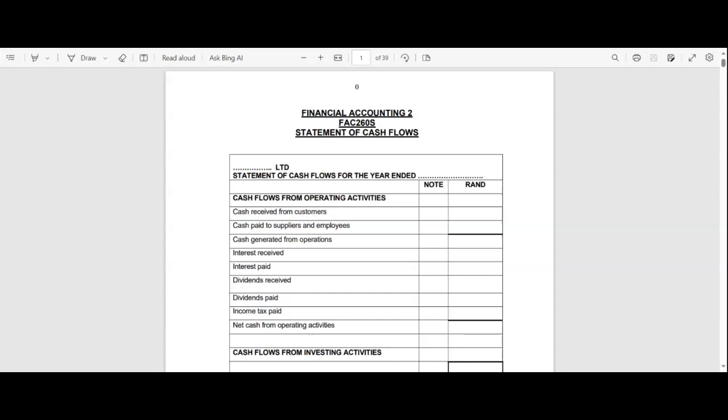Now, students normally tell me that this is the most challenging topic in financial accounting 2. So we'll have to be on our A game. We'll have to be very, very alert and very attentive. In fact, ladies and gentlemen, I think it's also the most satisfying topic because it really tests your accounting skills and your accounting prowess, as you'll see later on during the next few weeks.